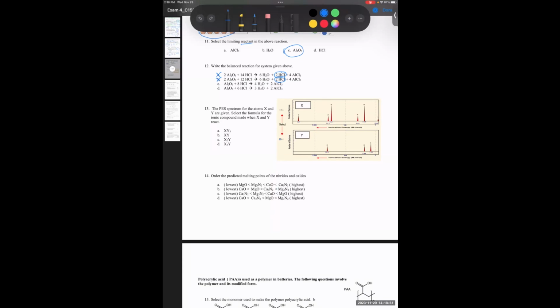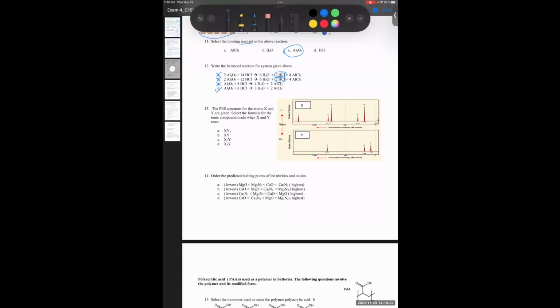Oxygen wise, we have 3 on the reactant side in option C, but we have 4 on the product side. Therefore, option C is incorrect. So therefore, it must be option D. Let's check that. 3 oxygens on the reactant side and 3 on the product side as well in option D, and 6 hydrogens, 3 times 2, 6 hydrogens on the product side, 6 chlorines and 6 chlorines on the product side as well. So therefore option D is our correct answer.